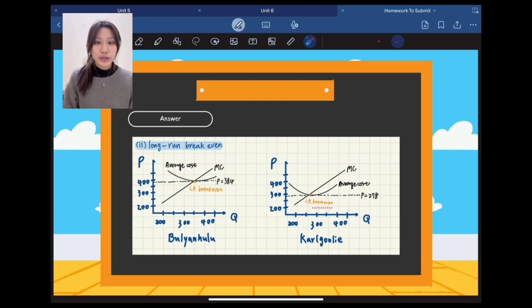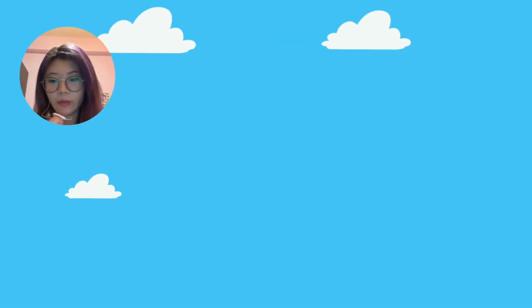And the long-run break-even is the intersection of average cost and the marginal cost. So in both, the break-even will be the orange point, just as I drew on the graph. And here's all my solution for question number 4. Thanks for watching. Next, question number 5.